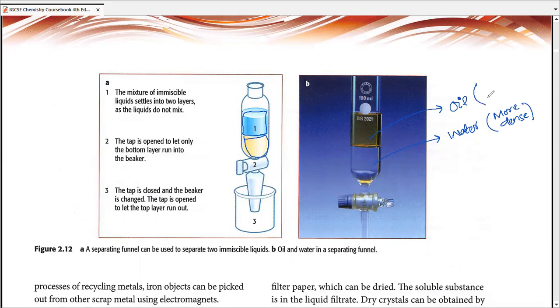And the layer up top is usually less dense. As soon as you see any layers, you are going to quickly assume their densities. The one at the extreme bottom would be the most dense, the one at the extreme top would be the least dense, and anything in between can be compared from their top and bottom positions. I hope that clears out the density part.